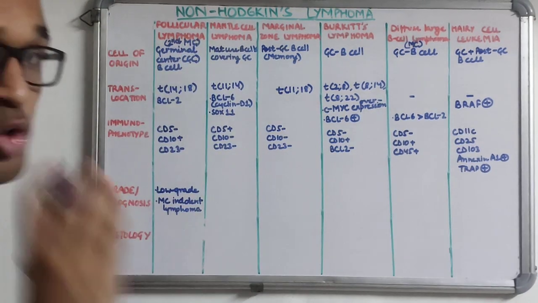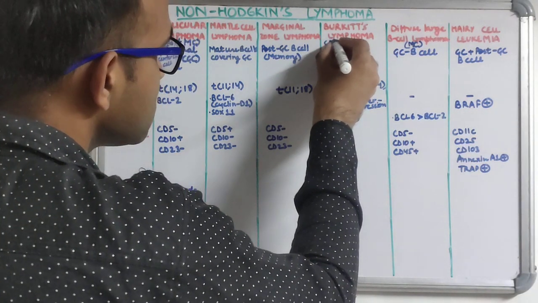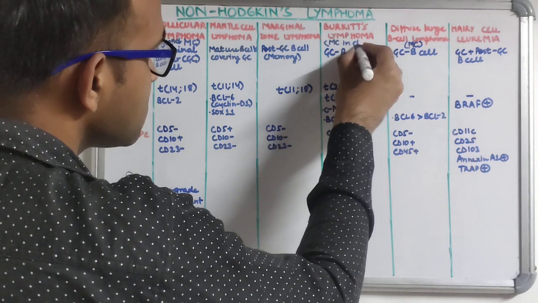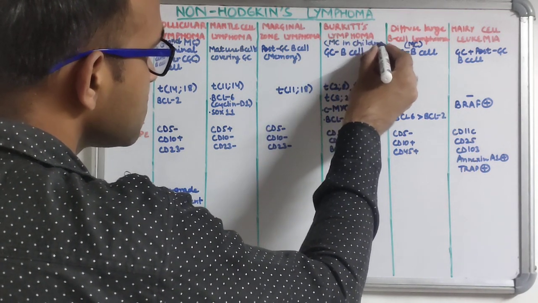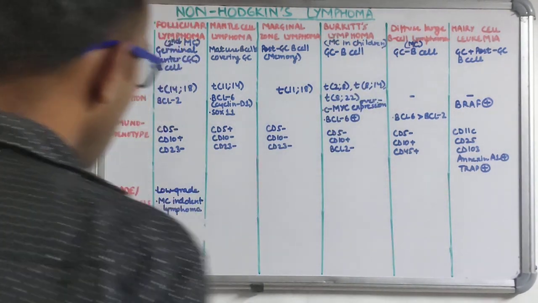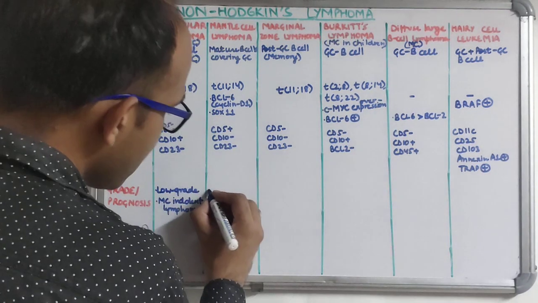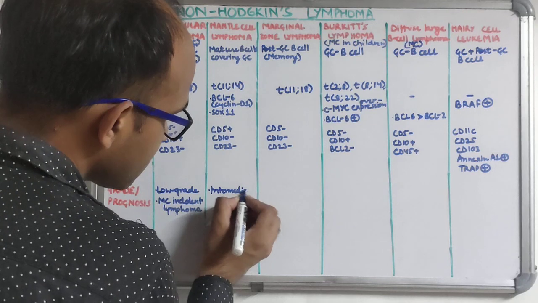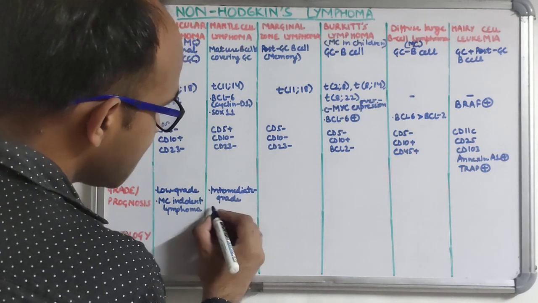And if asked which is the most common lymphoma in children, that would be Burkitt's lymphoma. So it's a pediatric tumor majorly. Now if we talk about mantle cell lymphoma, it is intermediate grade, except for the SOX11 variant, which is low grade.